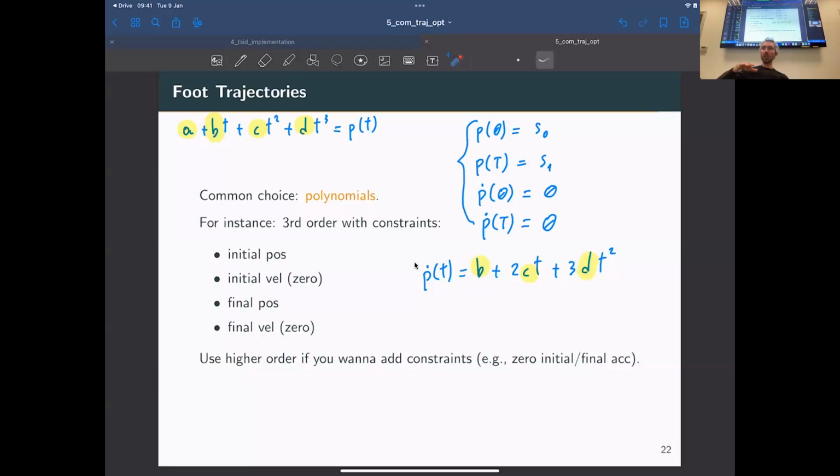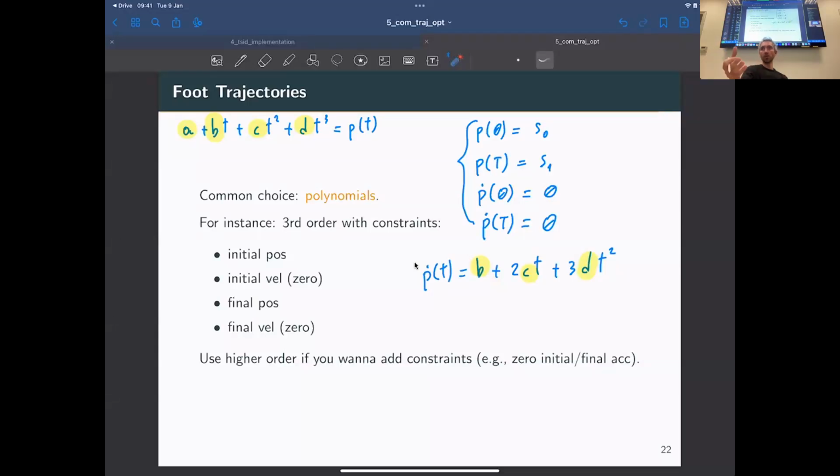So what we want to do is reach a certain height in the middle of the footstep, and then go from that height back to 0 in the second half of the footstep. So you could either compute this as two trajectories, one going from 0 to a certain height in half the footstep duration, and the second one going from that height to 0 in the second half of the footstep duration.